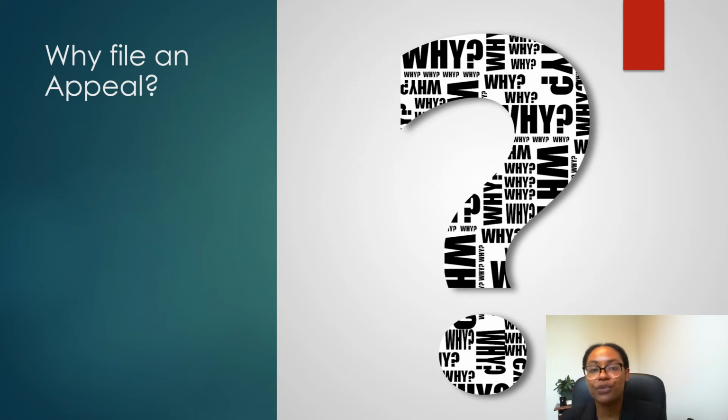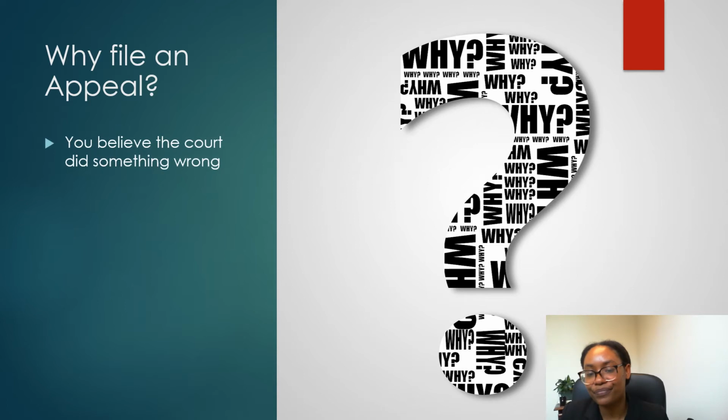So the next question you might be asking is, why would someone file an appeal? Why do people file appeals? You disagree with the Magistrate Court decision, and you believe that the court did something wrong at the Magistrate Court level.